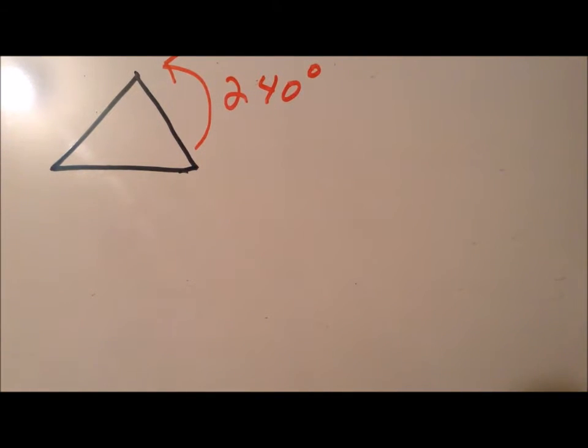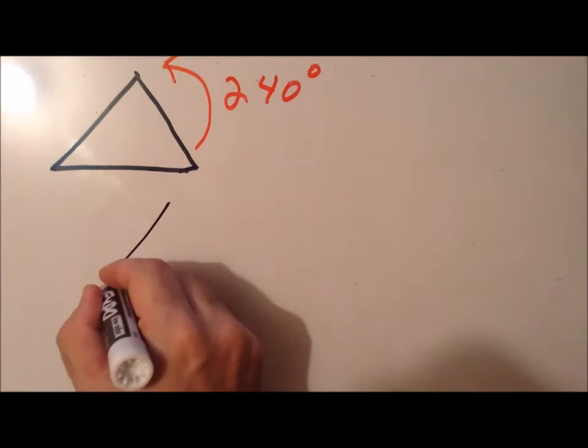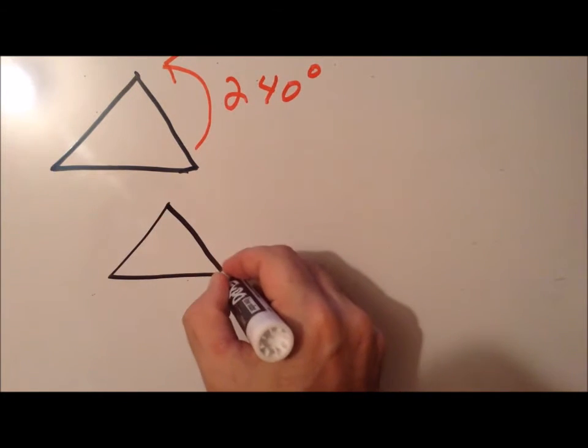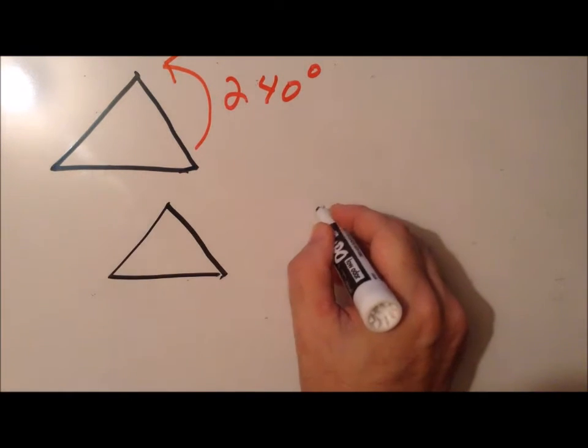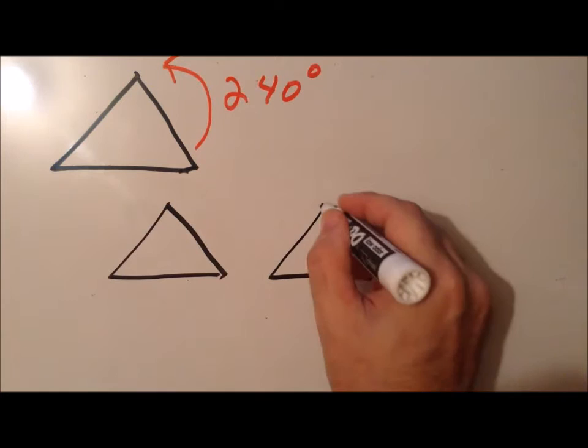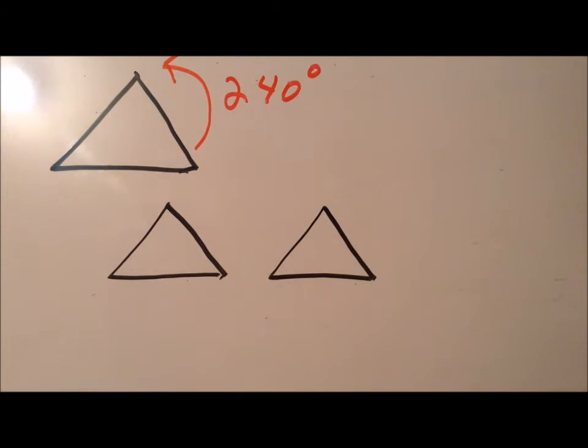I can rotate it once by 120 degrees, in which case it looks the same as it did before. And then I can rotate this shape 120 degrees again, and I get this shape. And I realize after having rotated the equilateral triangle by 240 degrees, it looks exactly the same as it did before. Therefore, this 240 degree rotation is a symmetry operation of the equilateral triangle.